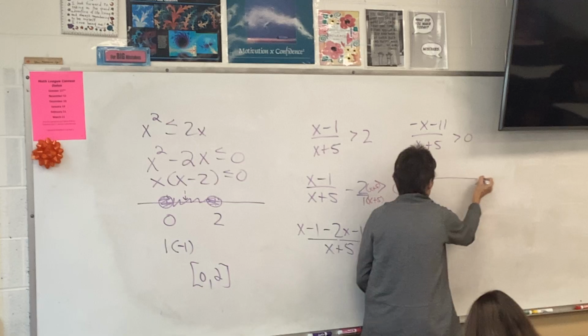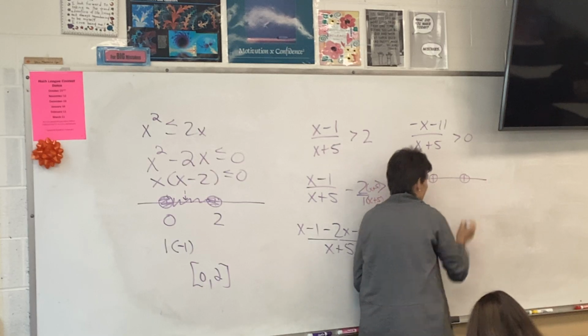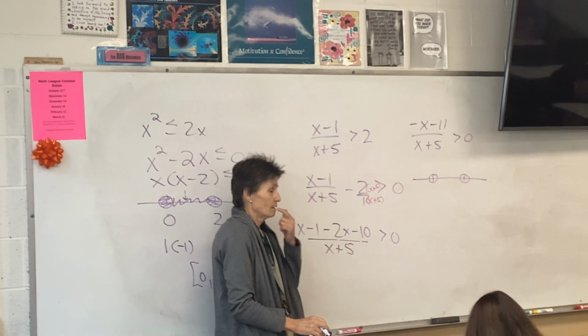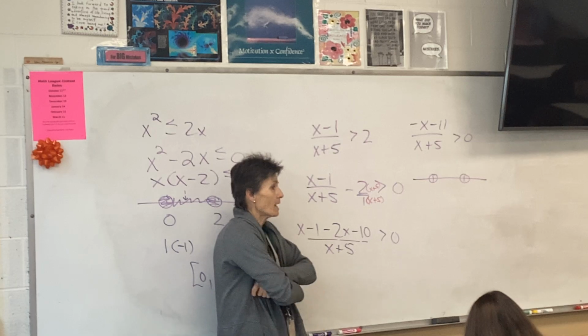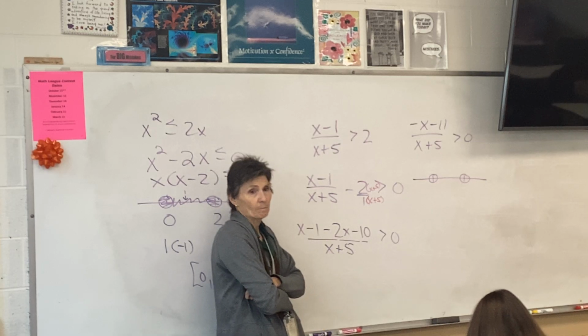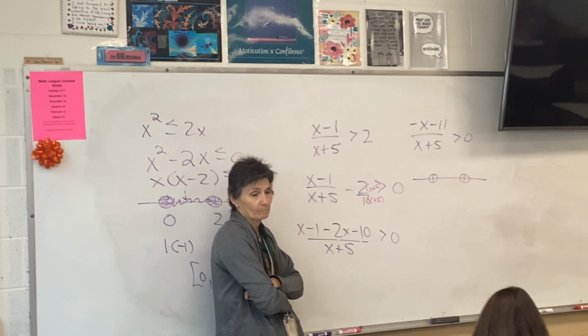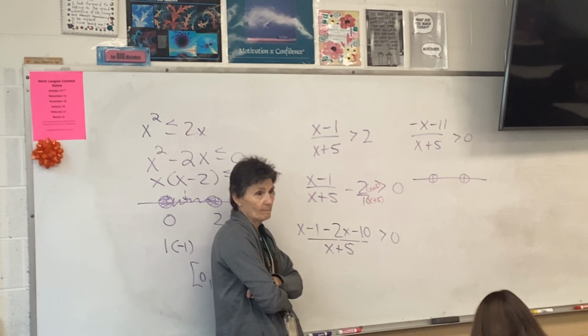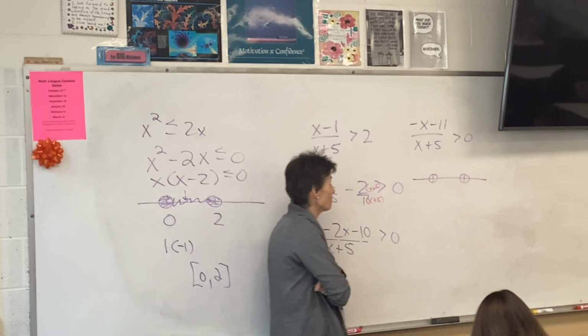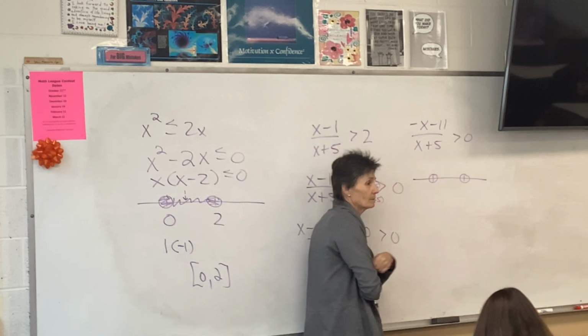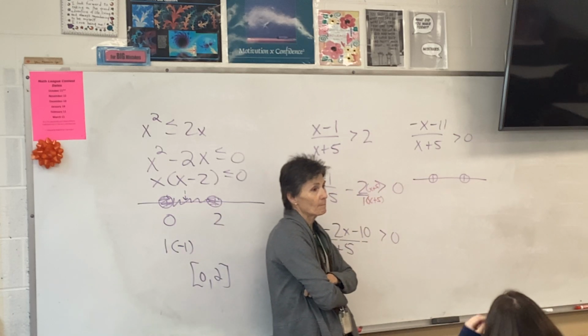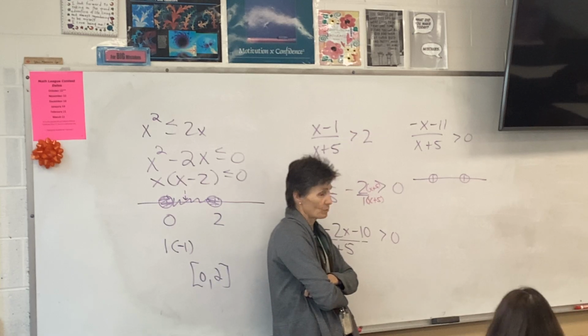So here's my number line. Here are my 2 dots. A dot for the top and a dot for the bottom. Right? Now, the dot on the bottom is easy. The dot on the top, we can get confused.